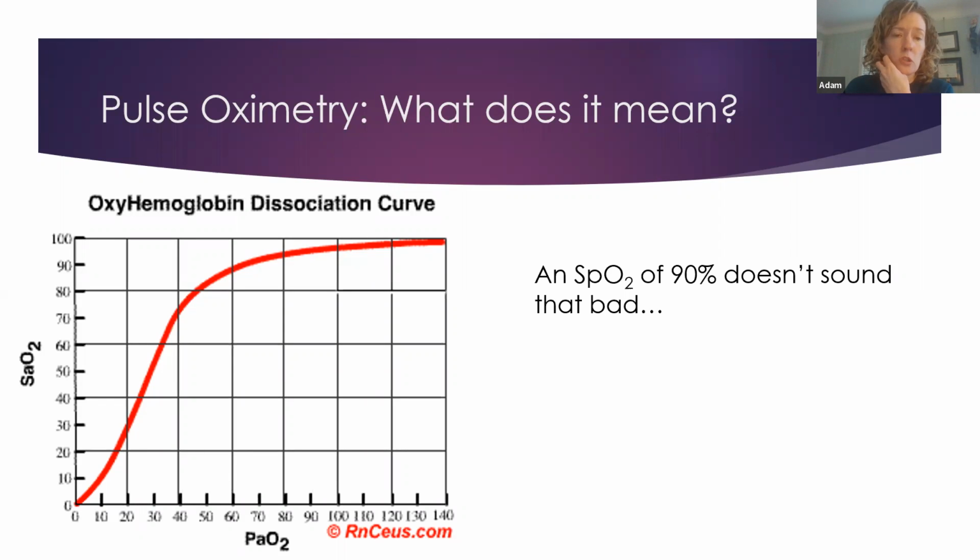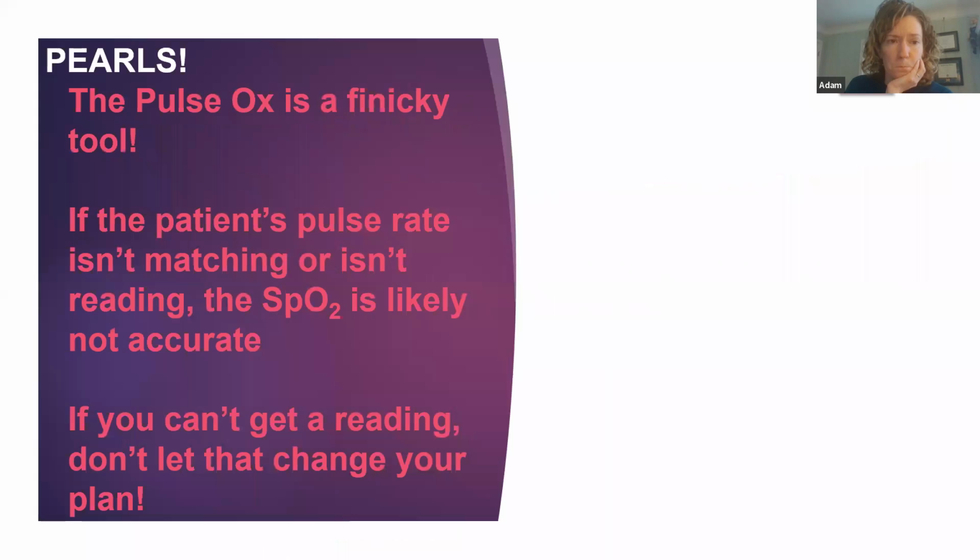Because if you're on oxygen and you're pulse oxing, well, that's great, but we want to know what your lungs are able to do off of oxygen and make sure that you're responding to the oxygen that we're providing and hopefully improving as we do that. Obviously, the pulse ox is a really finicky tool. And so if you can get it to work, great. The thing that you want to make sure when you're using it is that their pulse rate matches the pulse ox.